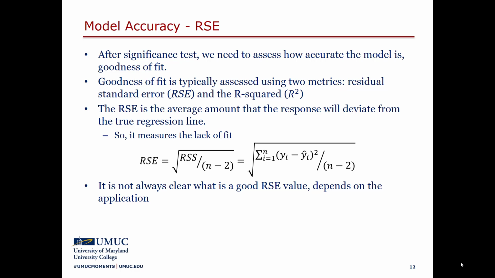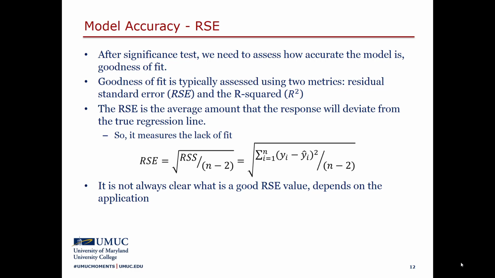Typically it is assessed using two metrics, the residual standard error and the R-squared. When we get to multiple regression, we'll talk about another variant called adjusted R-squared, which accounts for the number of predictors in the regression model.